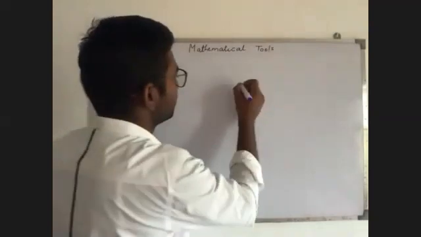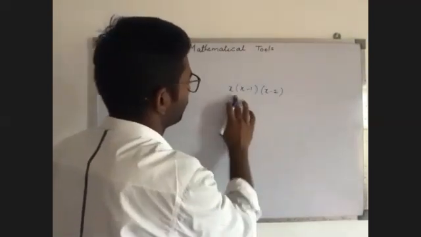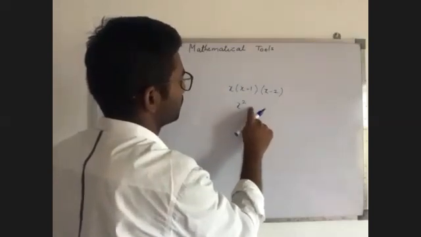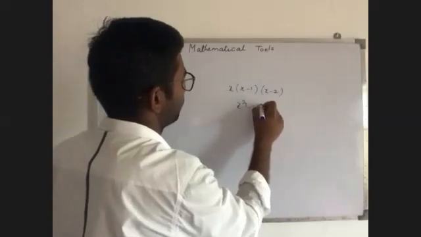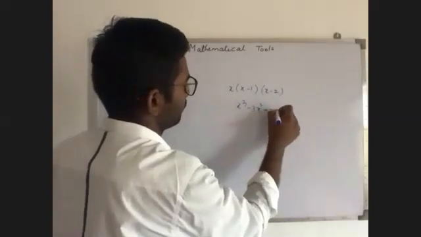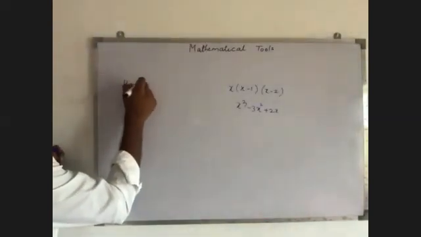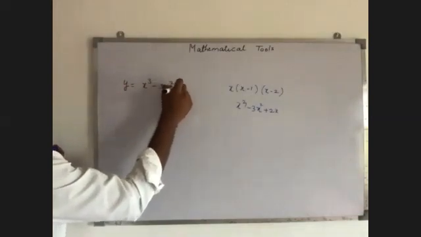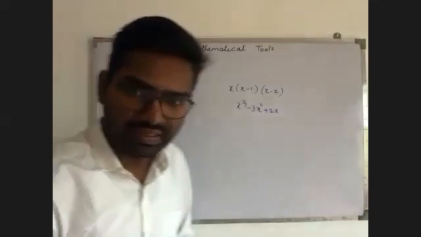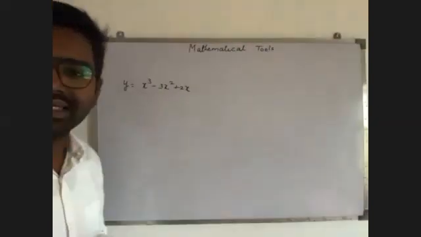Just wait, let me calculate first. So let's suppose I have a function y equals x cube minus 3x square plus 2x, right? Now I want to find out the maxima and minima for this function.